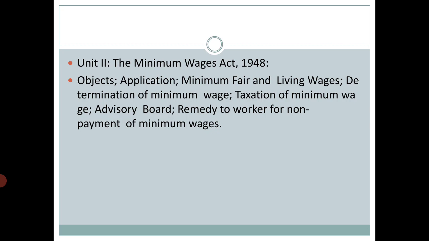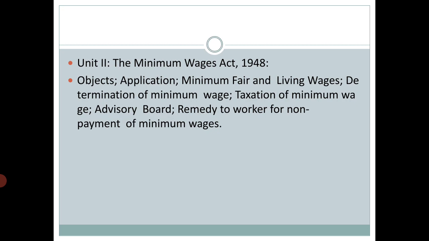Okay, so what is the Minimum Wages Act? We will go through it. Then we will see the objectives of the Minimum Wages Act 1948.